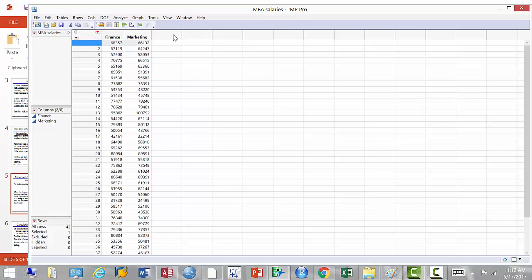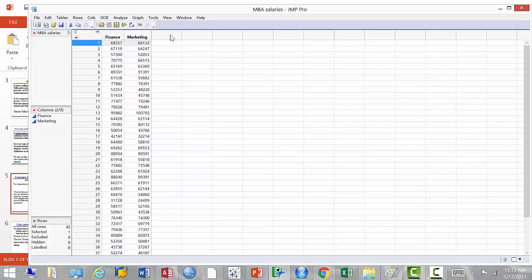It looks like JMP does not provide us a tool to test the distribution of differences. So in other words, we have to do one more extra step before we do anything else, and that extra step would be to calculate the differences. All right, so let's do that.